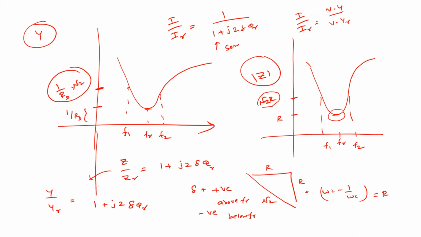So when you know the V by VR, right? So this V by VR is this one. Is this correct?